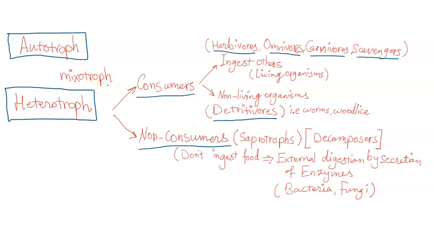In this classification and separation based on the mode of nutrition, we are focusing on heterotrophs. Heterotrophs can be divided into two categories: consumers and non-consumers. It's easy to know what it means when we say consumer.